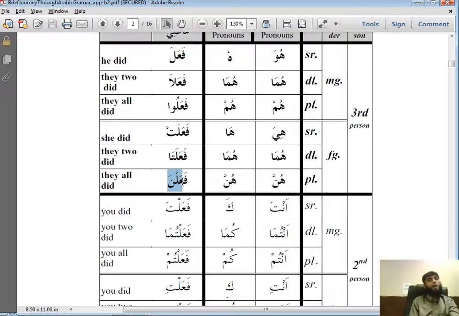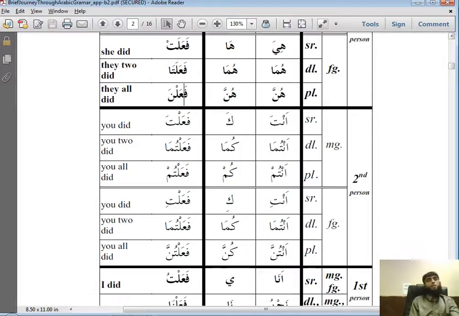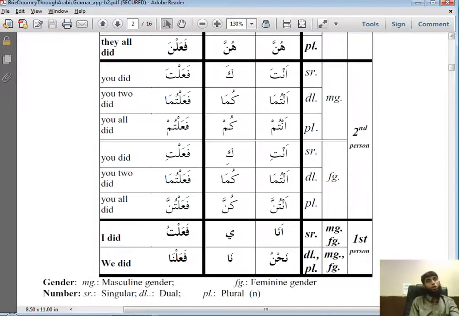If I say فعلنا or خلقنا, okay, it's a bunch of females, they created something. Okay. If I say فعلت, you did. فعلتما, you two did something. And فعلتم, you all did something.